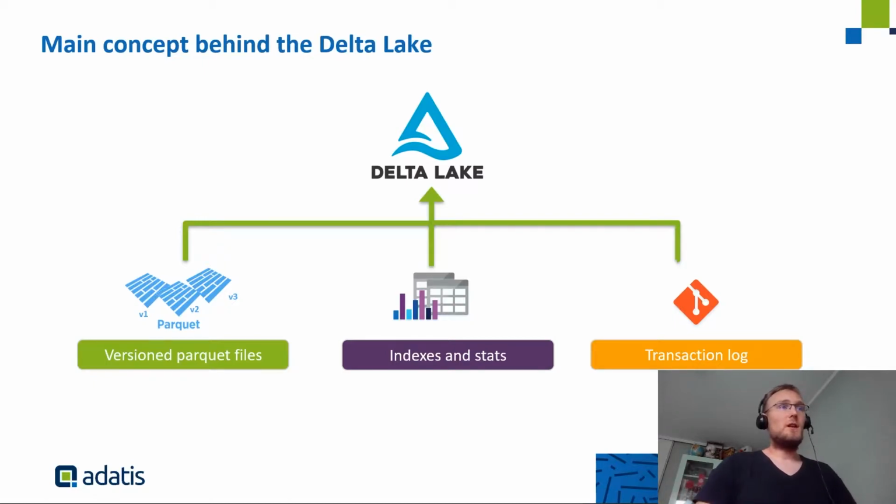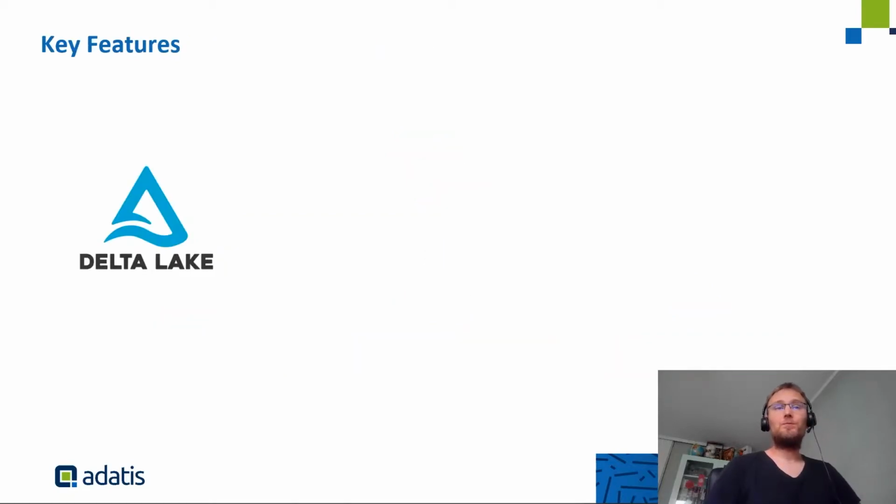And it should give us how the data looked, for example, 3 weeks ago. And what is cool about the transaction log is that it is just a JSON file. So we can easily open it and see all the changes.